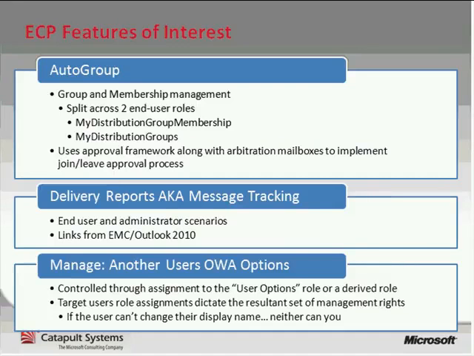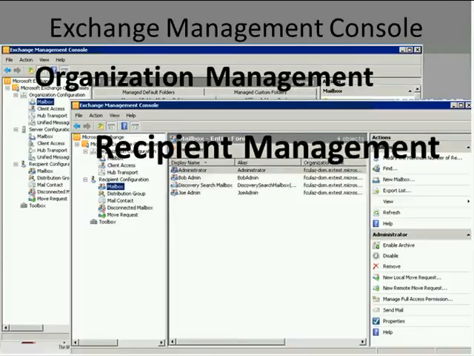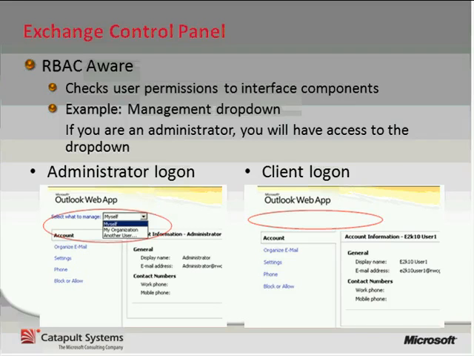The question on the Exchange Control Panel was, how does the Exchange Control Panel know what you're supposed to be able to manage, whether you're able to manage yourself or other users? That is through RBAC, through setting a role. When you log into the Exchange Control Panel, the Exchange services check through the Windows Security Management Interface and the RBAC code and find out what roles you have available to you, and depending upon that role will tell you exactly what is supposed to be available in the Exchange Control Panel.